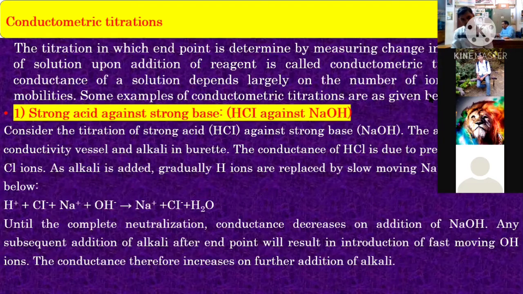This conductivity can be determined with the help of a conductivity meter, which is available in our laboratory. The conductance of HCl is due to the presence of H plus and Cl minus ions. The alkali is added gradually. H plus ions are replaced by slow moving Na plus ions, as given below.